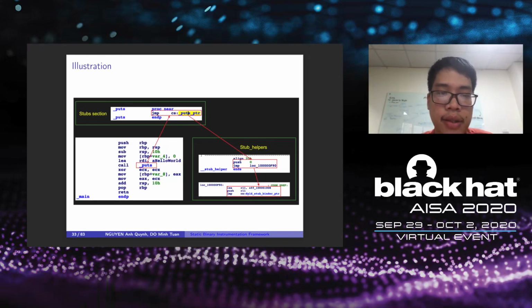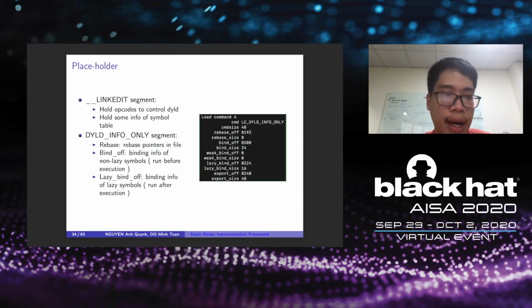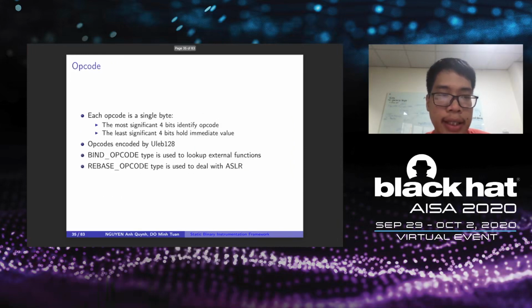The other segments we need to pay attention to are __LINKEDIT and LC_DYLD_INFO_ONLY. The link edit holds opcodes and some other information. Meanwhile, DYLD_INFO_ONLY contains rebase and binding information.